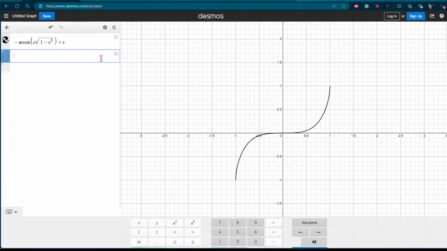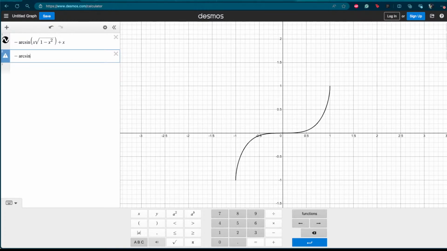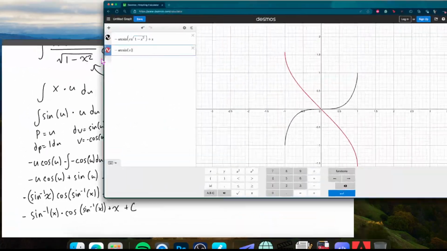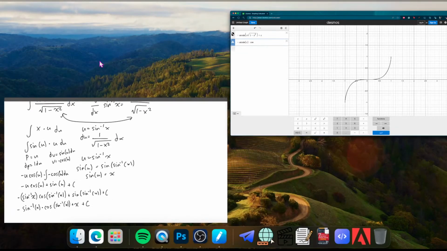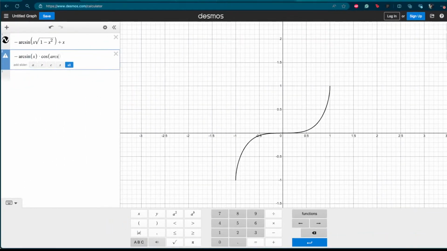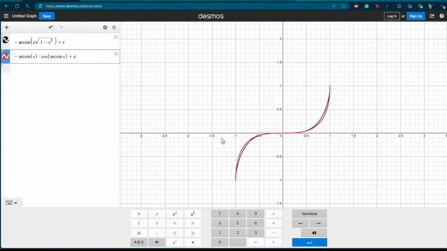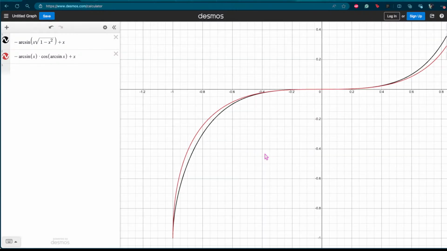Negative arc sine x times cosine of arc sine x plus x. Those almost exactly match up.